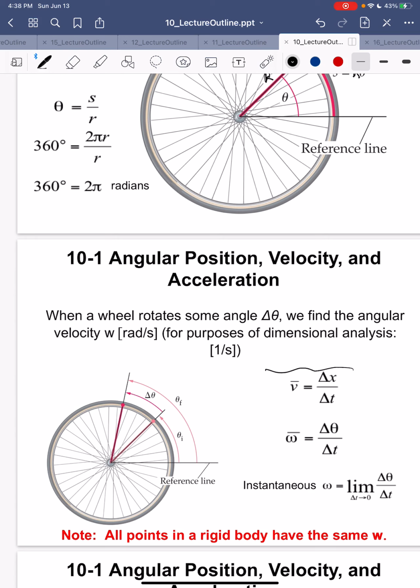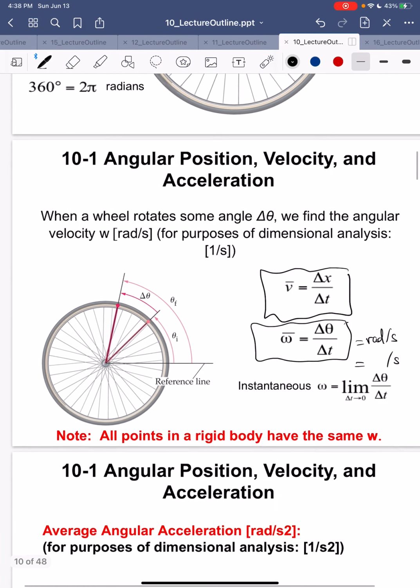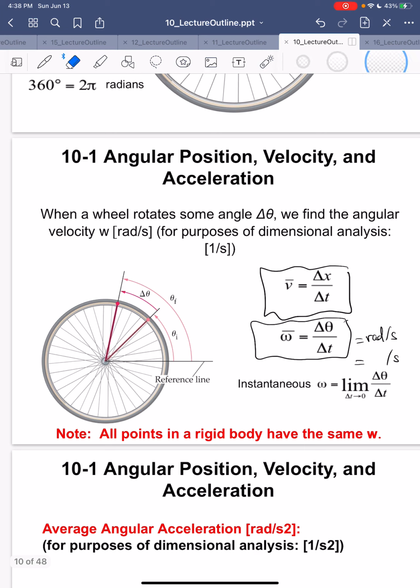In the same way that we defined the average velocity to be delta x divided by delta t, omega average is delta theta over delta t, and it has units of radians per second, or you can say only per second. The instantaneous, of course, is going to be the derivative of theta with respect to time.